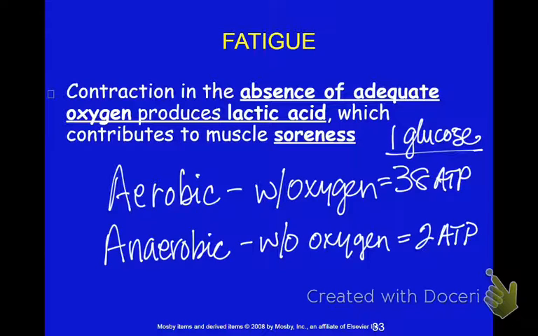Okay, so let's talk about what happens normally, okay? Normally, a muscle, in any cell, is going to take glucose and break it down, and first, I'm misspelling this horribly, pyruvic.